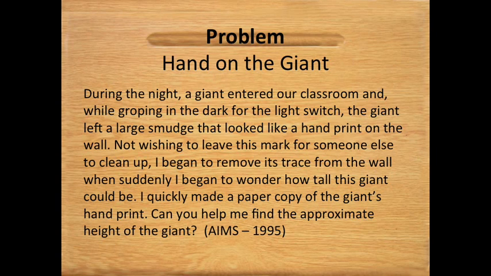So here's the problem. It says, during the night, a giant entered our classroom, and while groping in the dark for a light switch, the giant left a smudge that looked like a handprint on the wall. I've used this and changed the scenario a little bit by stating that we had a bag of cookies, and when we came in, our bag of cookies was gone, but here was a handprint, and the handprint was very large, so it had to be a very large person, so let's think about it as a giant.